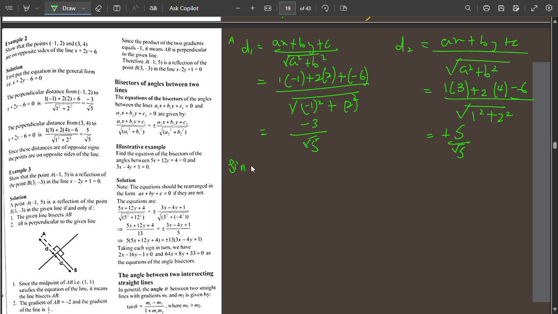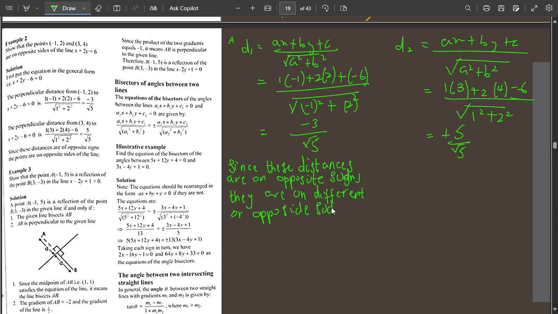So since they have opposite signs, right?